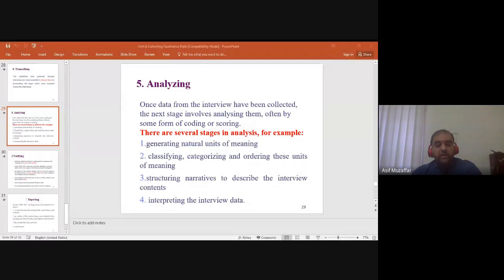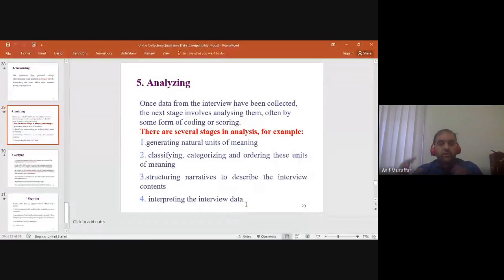So here, analyzing the data means to give the meaning to those words or classify them. Okay, hostel and food facility is something which is related to, this is not an academic problem. So you classify it as non-academic category. It depends. Researchers, they do it.